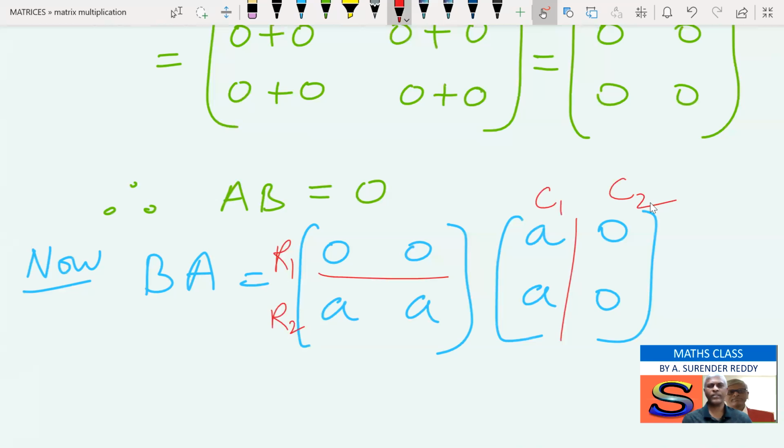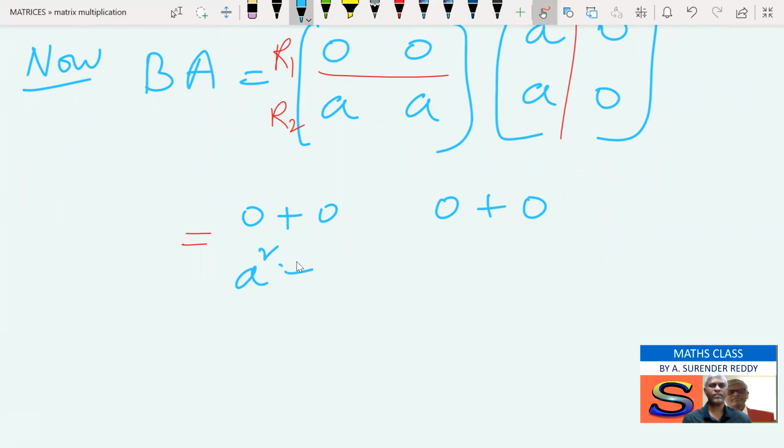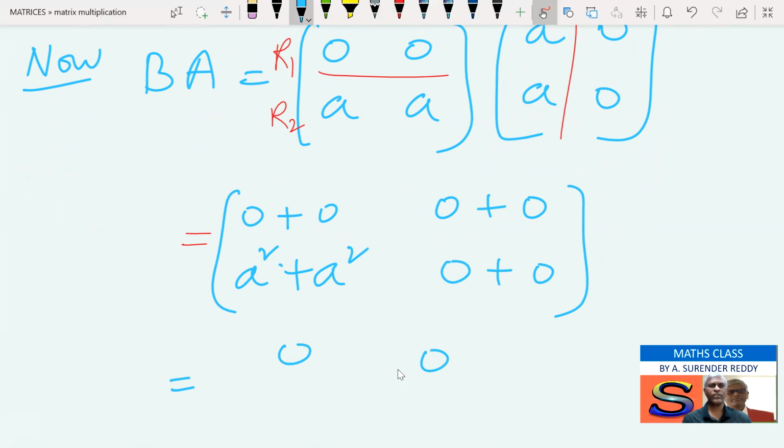First row with first column: 0 into A, 0 into A, 0, 0 into 0, 0 into 0, A into A square, A into A square, A into 0, A into 0, giving 0, 0, A square, A square.